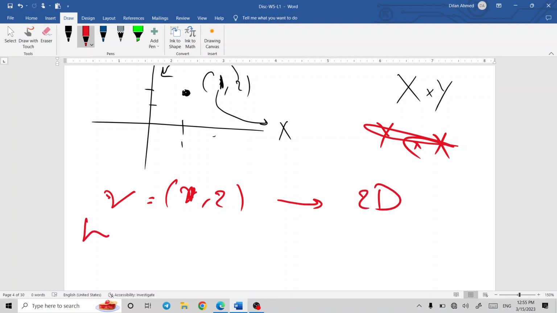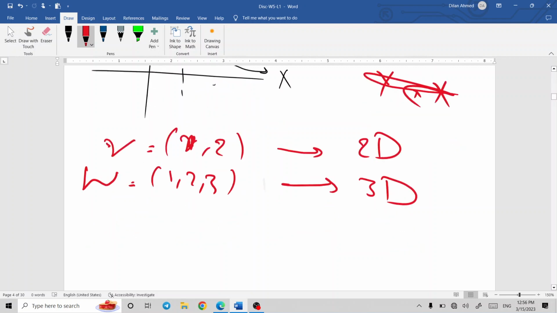How about if I'm talking about 3 dimensions? The elements are 1, 2, 3, right? A, B, C. Understood? So in that case, we have A, B, C. How about if I have 4 dimensions, 5 dimensions? Then it goes A1, A2, A3 till AN.